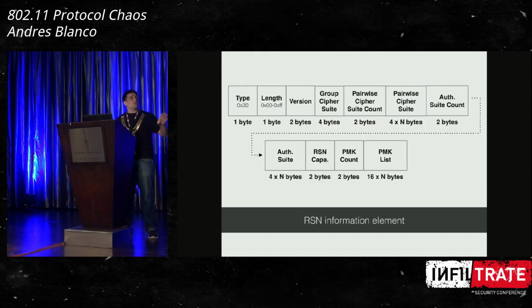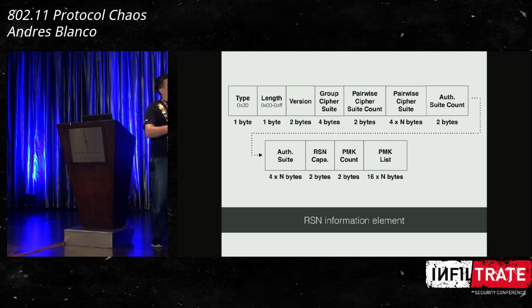But then we have structures like this one that are much more complex. This is the RSN information element that is used for networks using WPA or WPA2. This information element describes the capabilities of the WPA and WPA2 network. Here we have something that makes no sense.